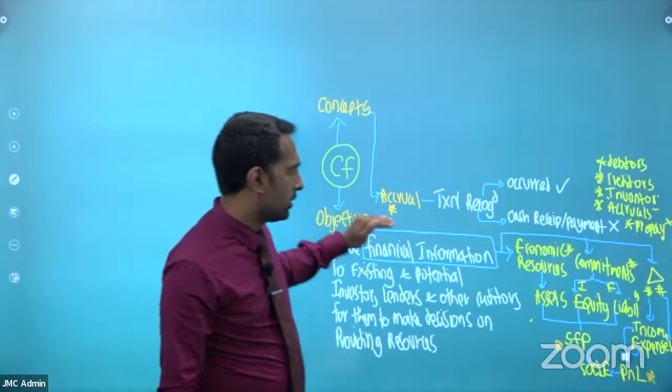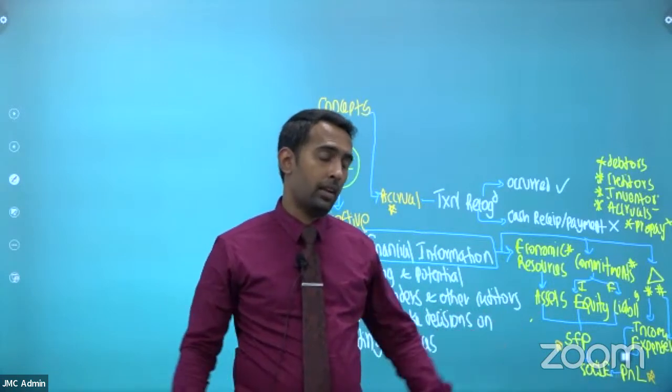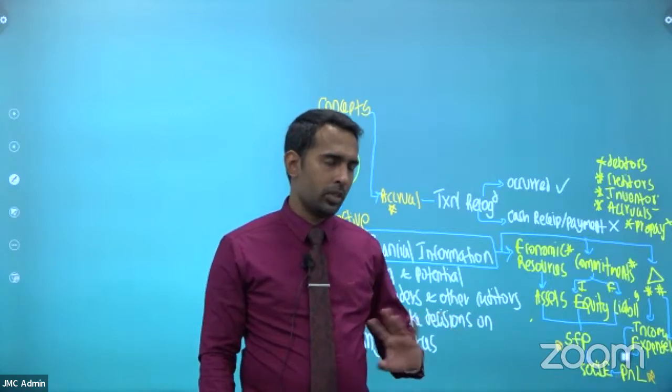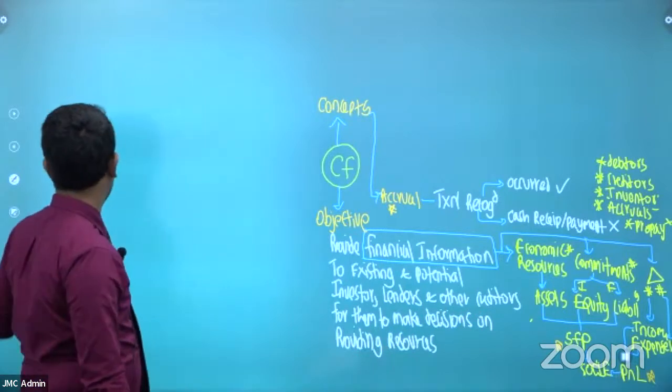So we use the accrual concept in preparing the statement of financial position, changes in equity, P&L, and even the notes, except for cash flow. Cash flow we don't prepare using the accrual concept. It's basically the cash concept.